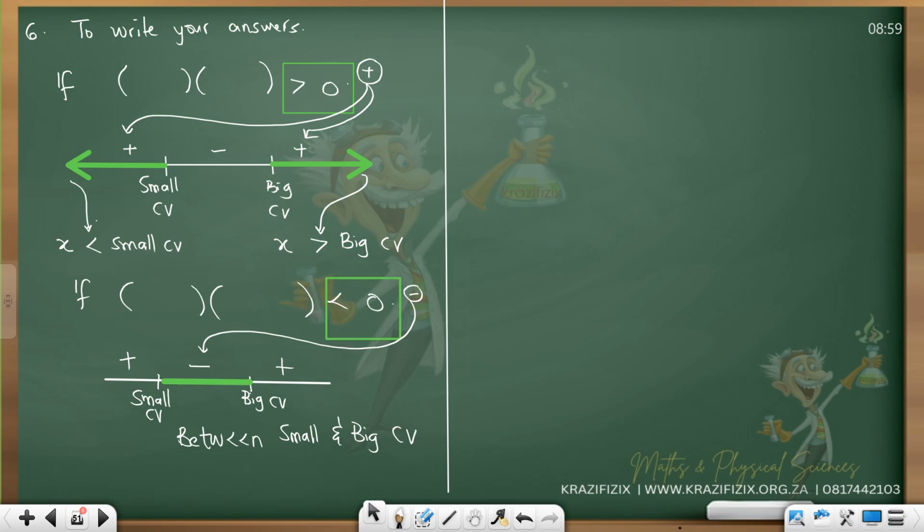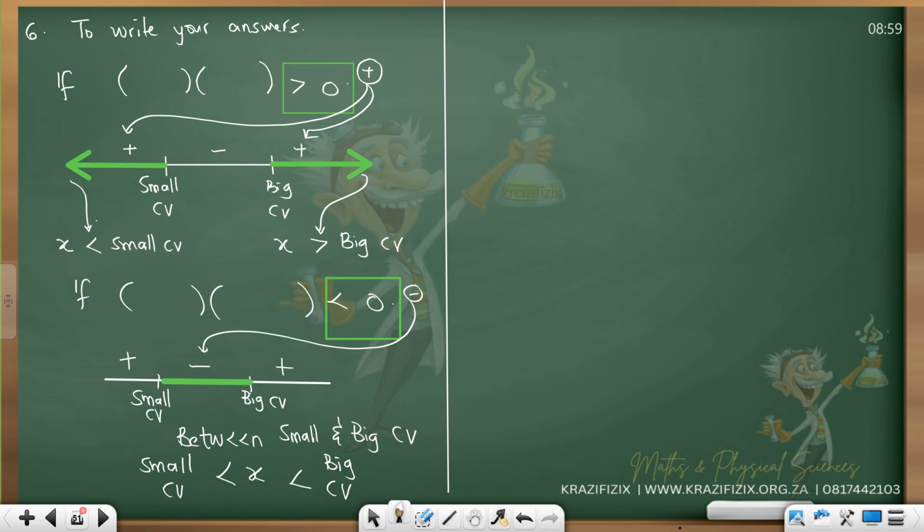Did you see the mathematical way there? That I have my inequality sign. So that and that. X. Small CV on the left and big CV on the right. When my answer is in between, look at the word between. Look at my inequality signs. They are written as less than and less than.